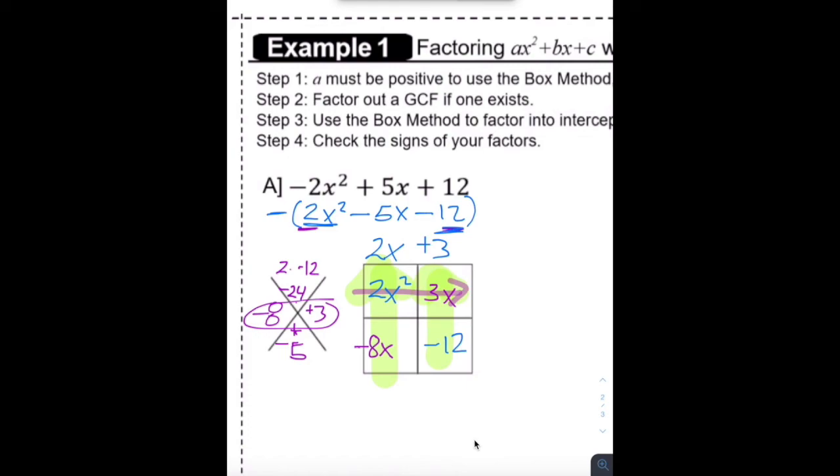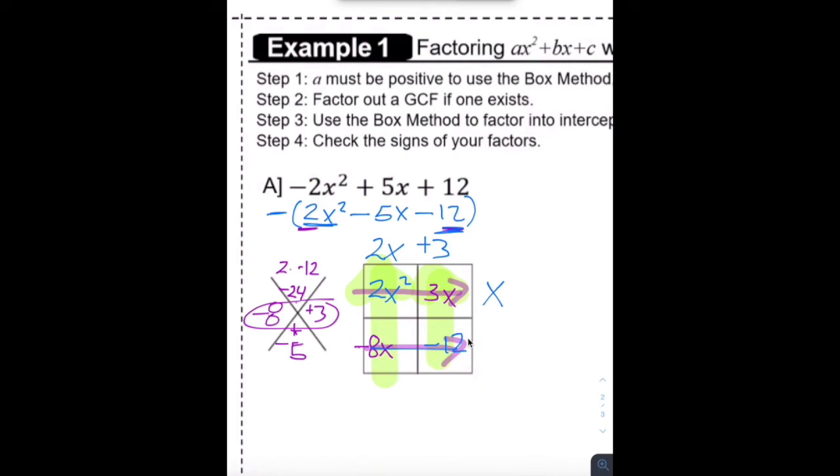The GCF between 2x squared and 3x is going to be just x. Let's move to the sides. What about the GCF between negative 8x and negative 12? Both of these are negative.